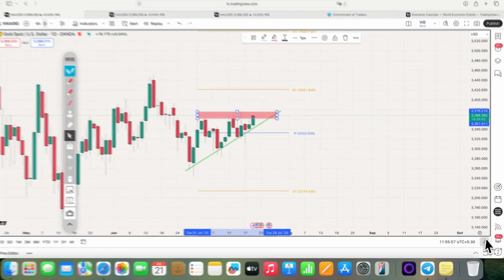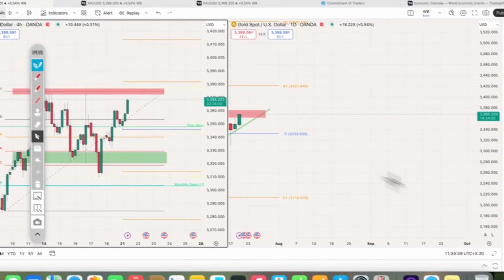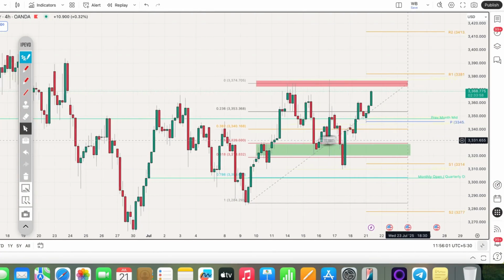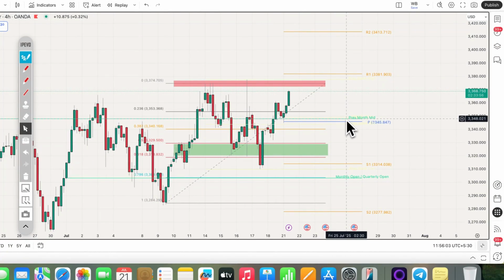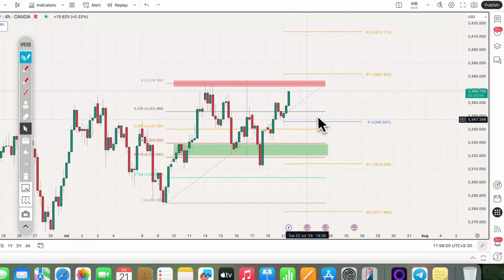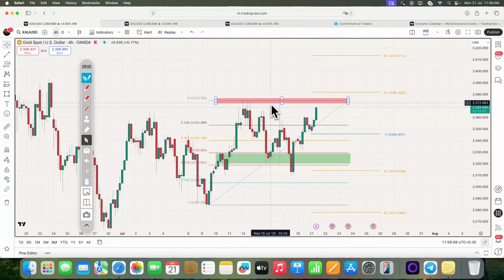The other time frame that I want to discuss is the intraday or 4-hour time frame. As you can see right over here, the same levels are of course applicable on the 4-hour time frame also. For the current week, the pivot is 3345, and price needs to hold this level.